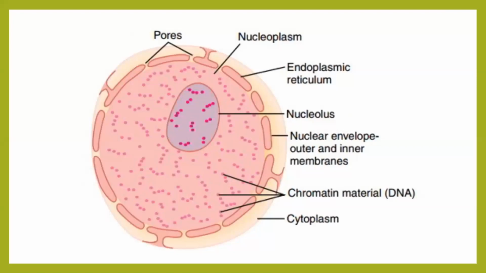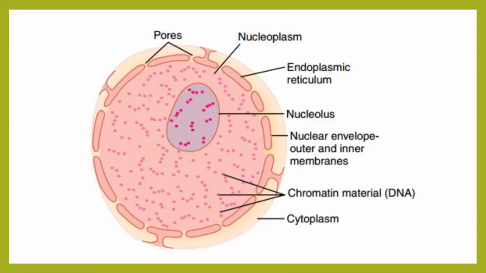In the given diagram, what you have is nothing but a section of the nucleus. Let's understand the diagram from outside to inside. Point number one, the nucleus is a spherical cell organelle which is a double membraned structure.